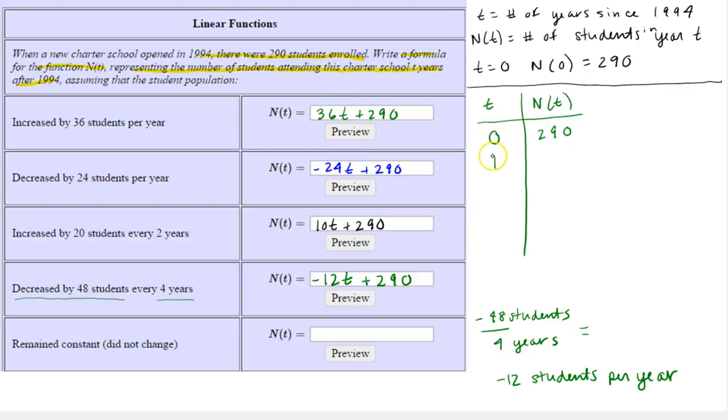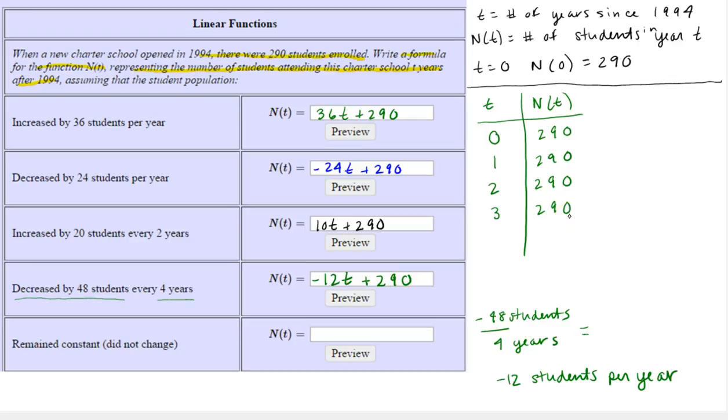In year 1, or 1 year after 1994, we still have 290. Year 2, we have 290. Year 3, we have 290. Okay. So let's just try to make that pattern that we did before. So you can see the pattern here. No matter what t is, then n of t is 290.